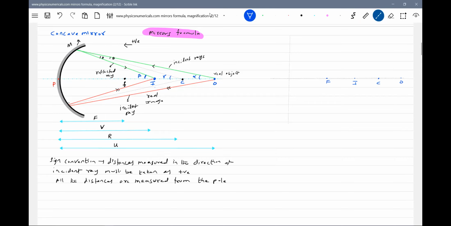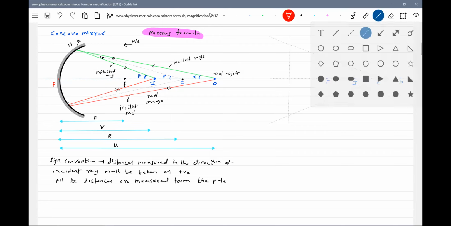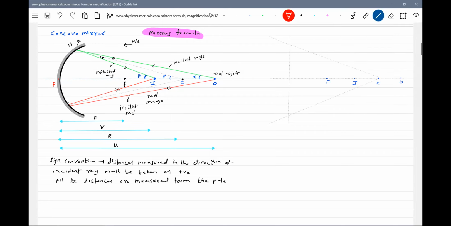Okay, this is the center of curvature. This will be the normal. Let's trace out the ray. The ray after reflection, and next the other ray.